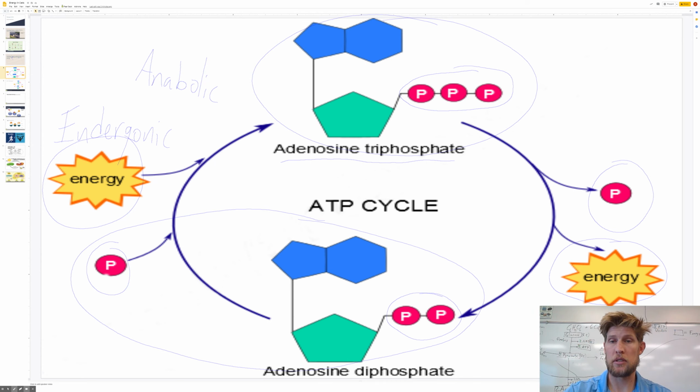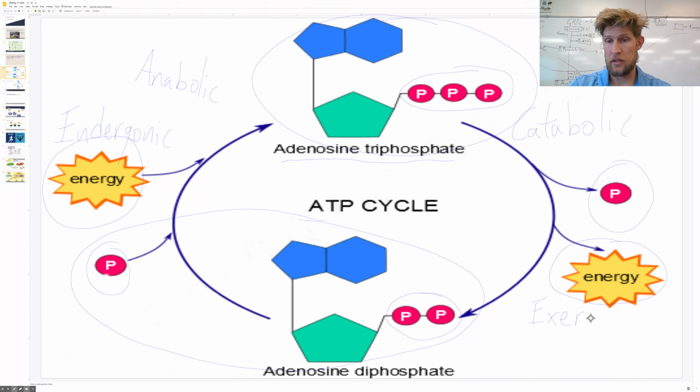Now let's do this. We're taking this bigger molecule and breaking it down into a smaller one. That is called catabolic. And when we release energy from a reaction, that is called exergonic. I like to say energy is exiting the cell.